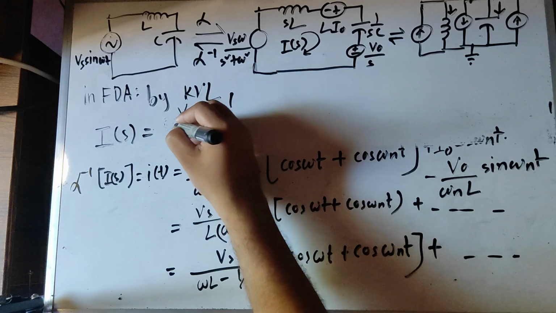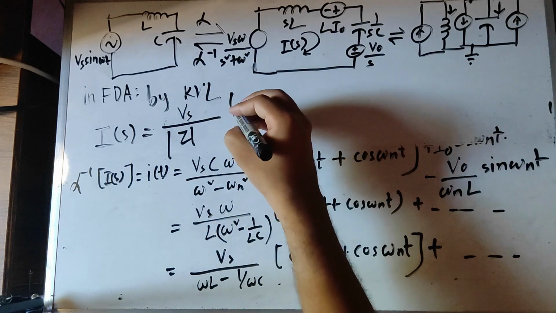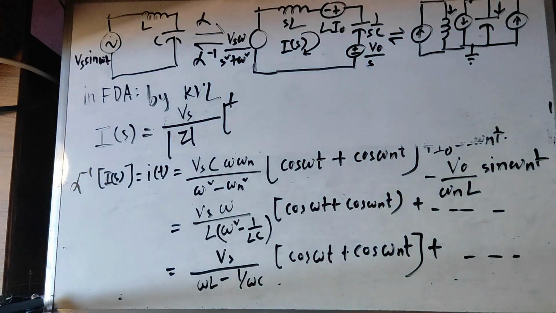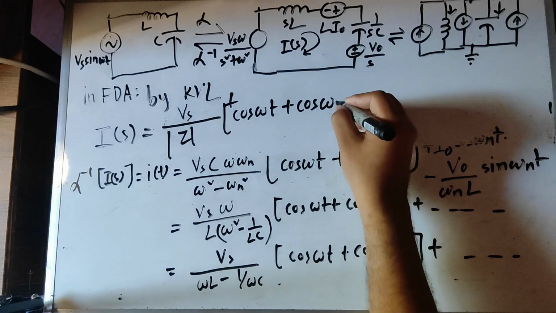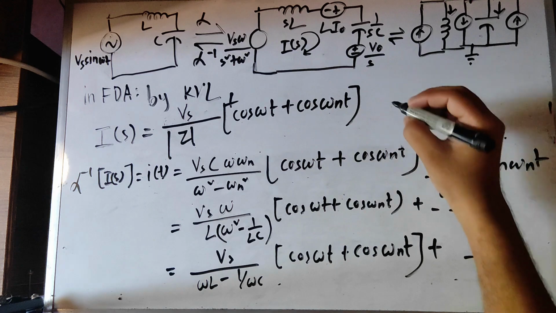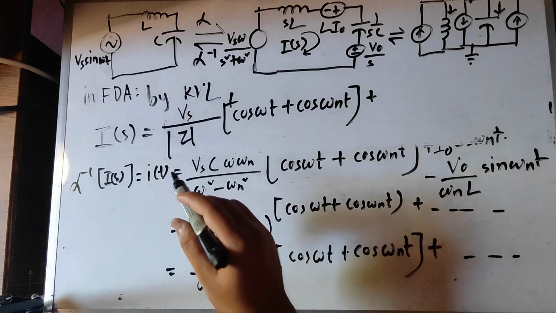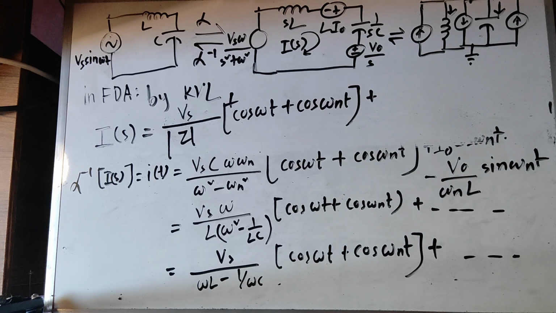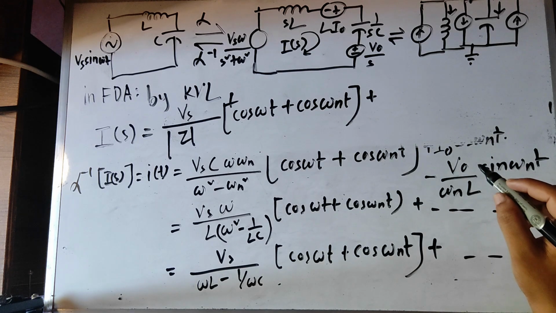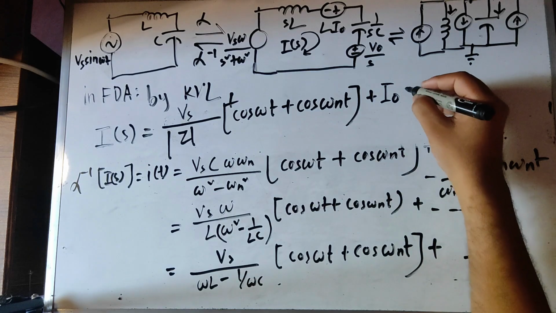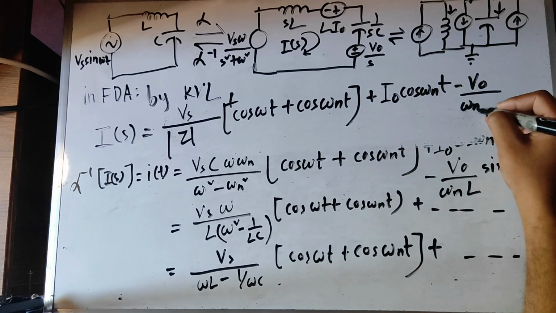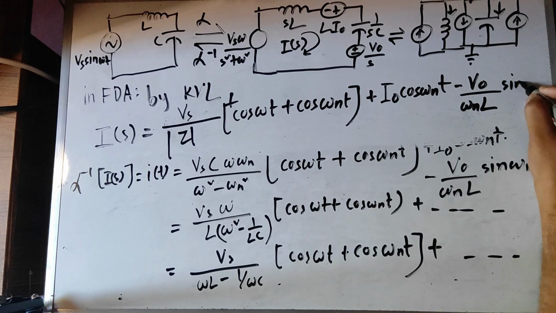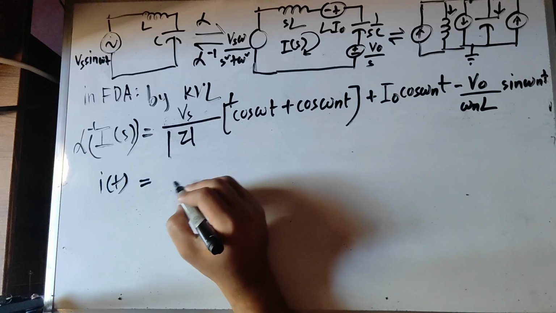Thus we found our final answer. Omega L minus 1/(omega C) is the magnitude of the impedance Z. Now Io cos omega n t minus Vo / (omega n L) sin omega n t is part of the complete response in frequency domain.